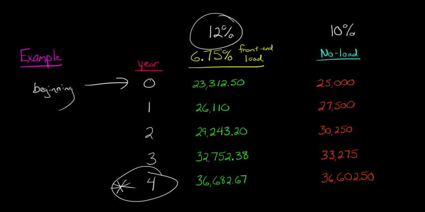In this case, it was 4 years. But depending on the difference between the return of each fund, it might be 20 years that you need to hold the load fund before it would outperform the no-load fund. It might even be that no matter how long you hold the load fund, it will never outperform the no-load fund.